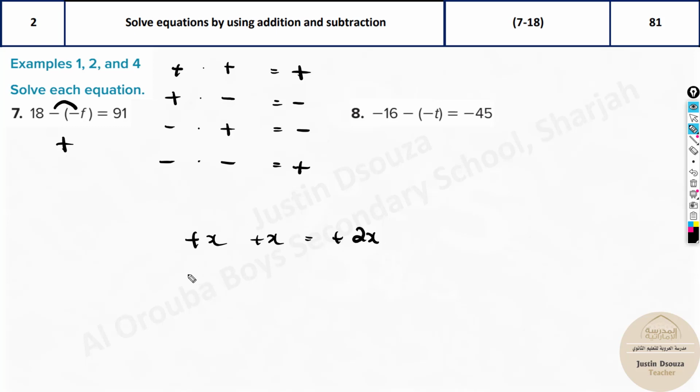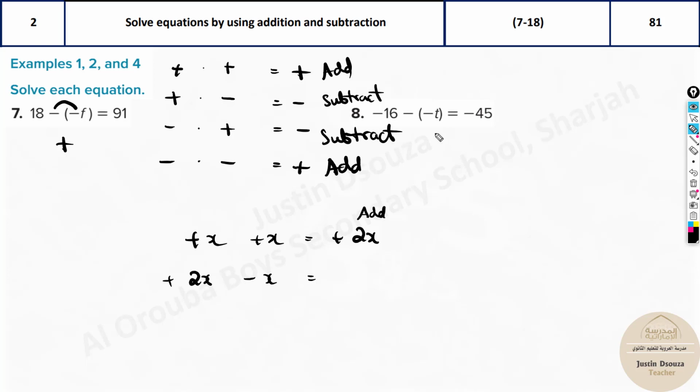Here, if we have 2x, which is plus, and then we have minus x, plus and minus would lead us to subtraction, but write the greater number's sign. You should subtract here. Here we added, right? Plus means add. This is subtract, or minus.